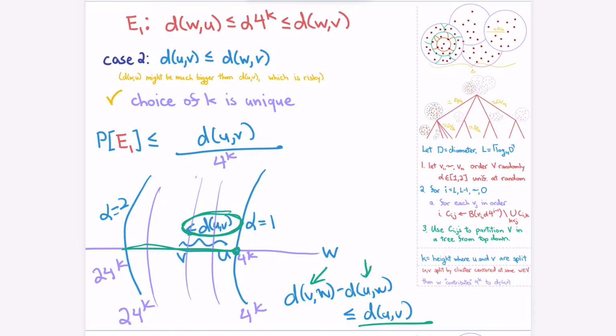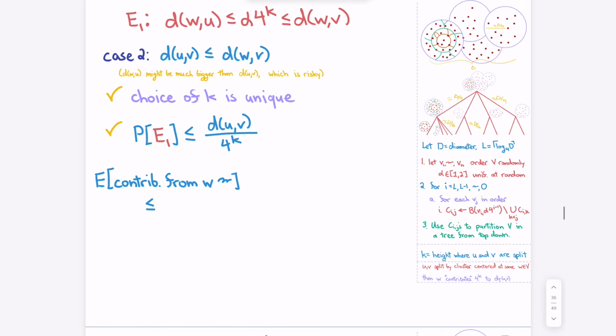So when we put that together, the contribution from W: first, with probability 1 over L, it comes first. Then you have the probability of E1, which is the radius coming in. But then for the contribution, you give a distance 4 to the k. The 1 over L is just from the Lth guy coming first.